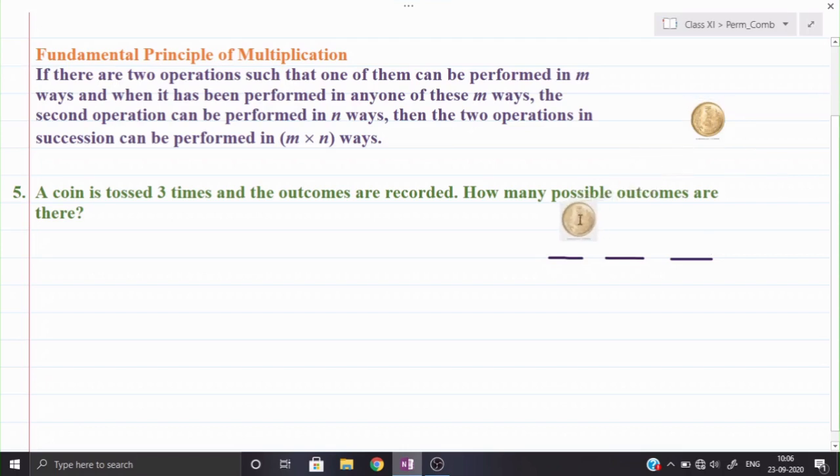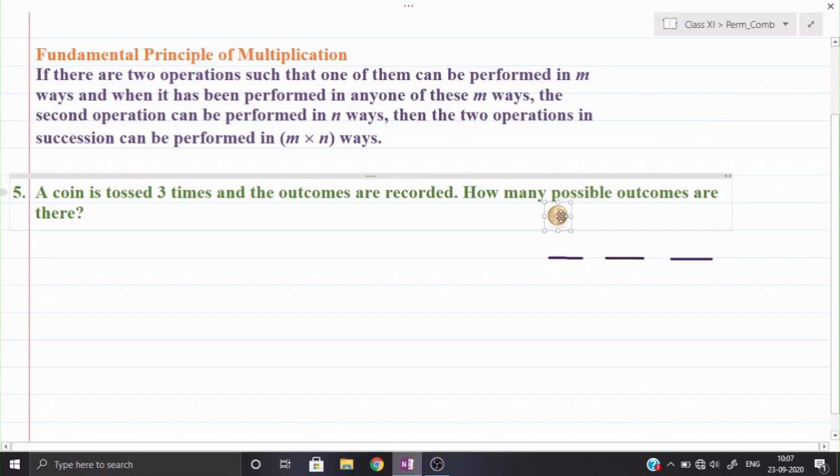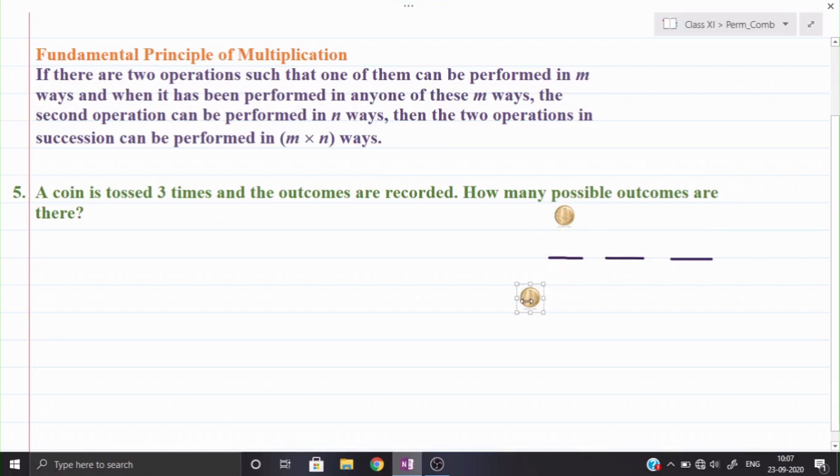maybe you are looking at which part right now of this coin, that is a tail. So when you toss the coin, it may come tail or it may come head. Suppose I say this is tail, and if I toss it, I may get the head also.